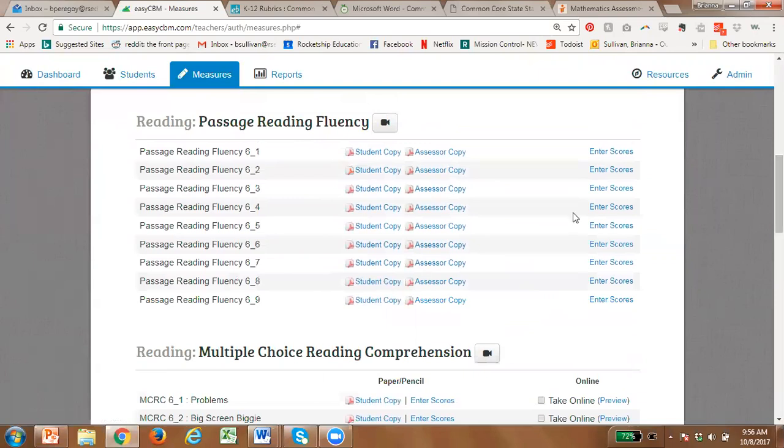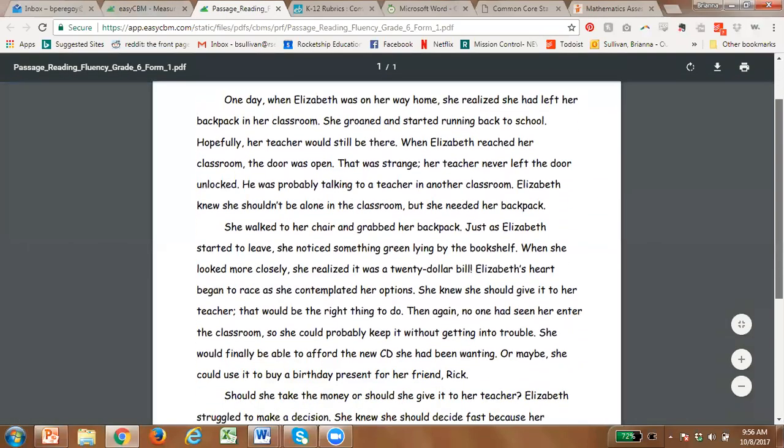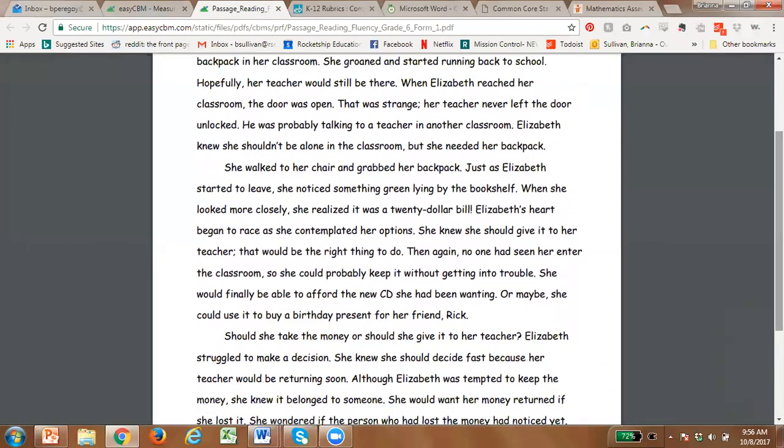You can see that for some of them, you have your student copy and your assessor copy, just like AimsWeb. So here's the student copy. They just see a basic story like this.